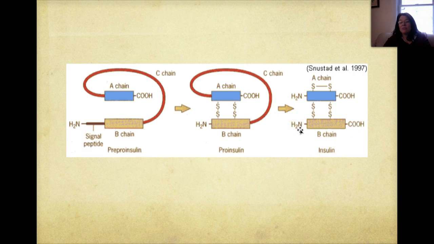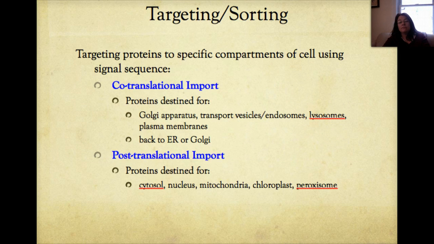It's got an N-terminus and a C-terminus for the B chain, an N-terminus and a C-terminus for the A chain, and multiple disulfide bonds holding it together. So all of that together is an example of a molecule that goes through some extensive protein modification.